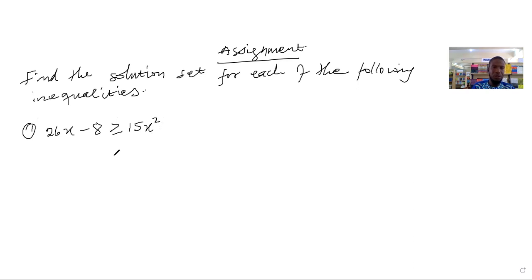And when you finish this, your answer is supposed to be x is such that 2 over 5 less or equal to x less or equal to 4 over 3.